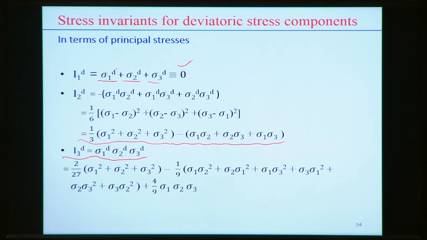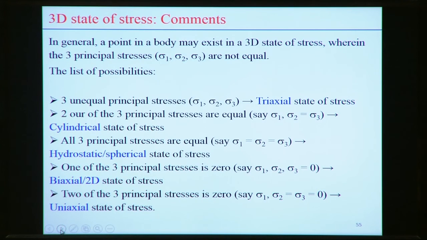So we follow a similar formula even for the deviatoric stress component to find the different invariants. Finally, these are all the expressions of the deviatoric stress component in terms of the principal stresses.